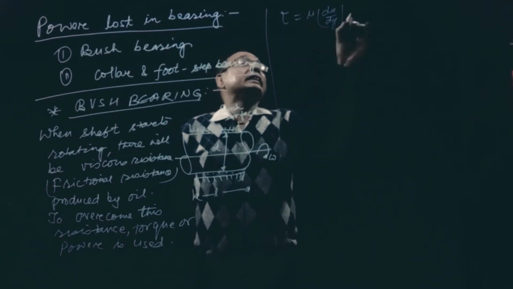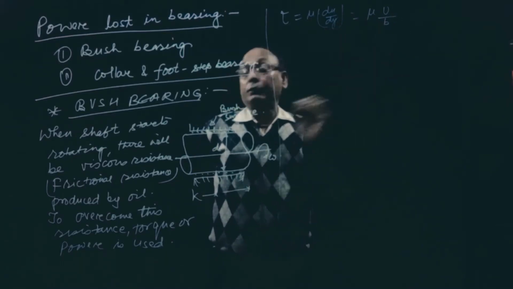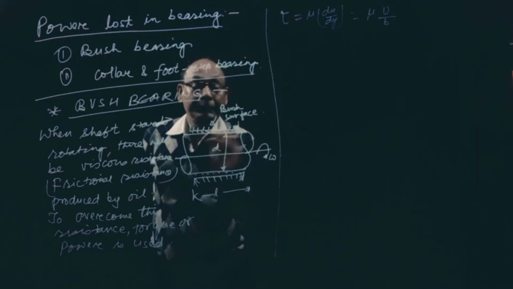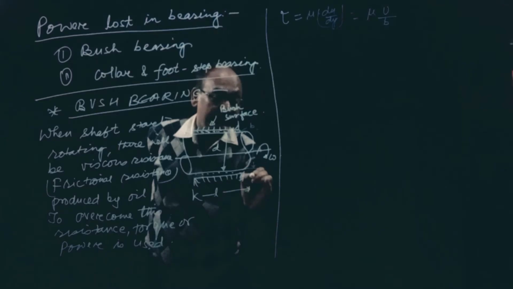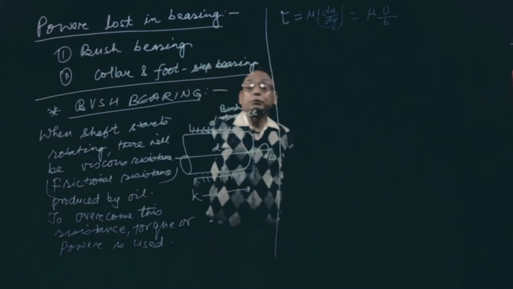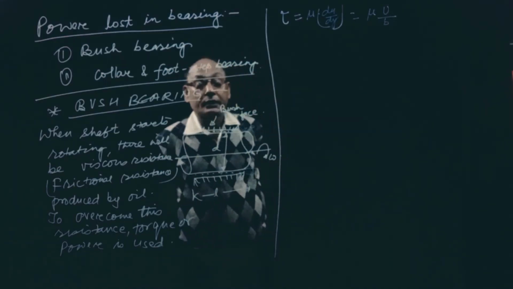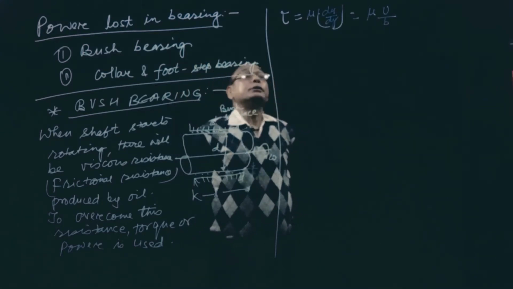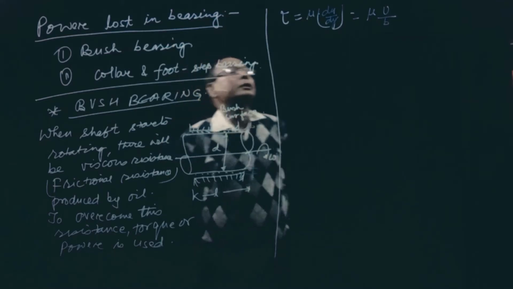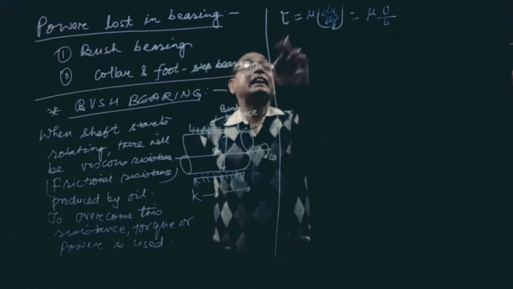So it is nothing but mu u by b, where b is the gap, which we can call the clearance between the bush surface and the bearing. Tau is equal to mu du by dy, so mu u by b, considering a linear profile. This is the shear stress.